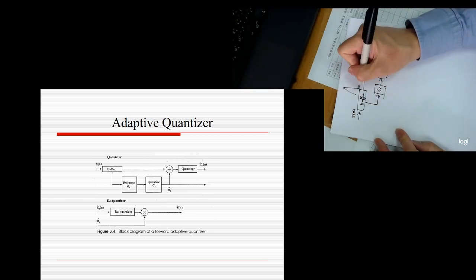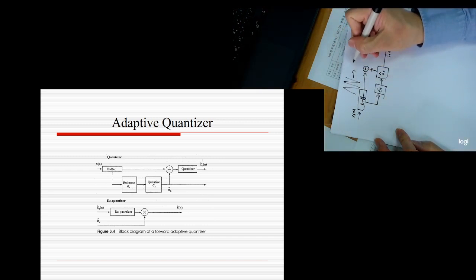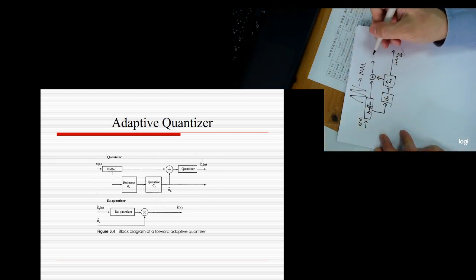Suppose your original signal dynamic range is so big; dividing makes your signal dynamic range become smaller, and then we can design a quantizer. The quantizer is more like a uniform unit quantizer, we call it a unity gain quantizer.